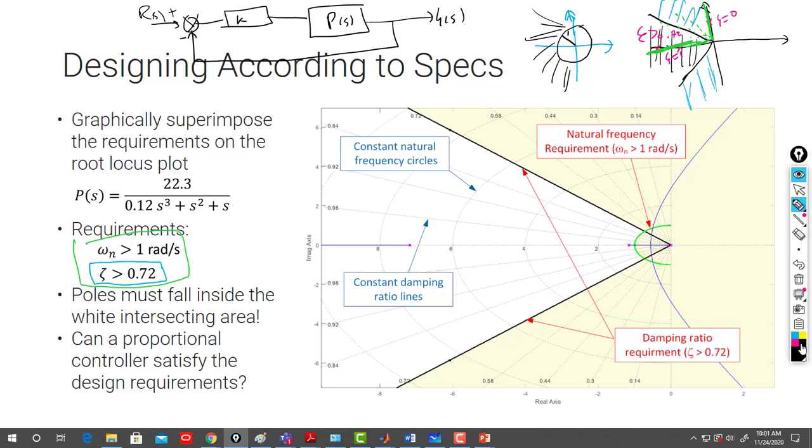The blue line is the location of your closed loop poles, and to satisfy your requirement you should have poles in this white location. Going from K equal 0 to infinity, I didn't find any pole that crosses my desired region.